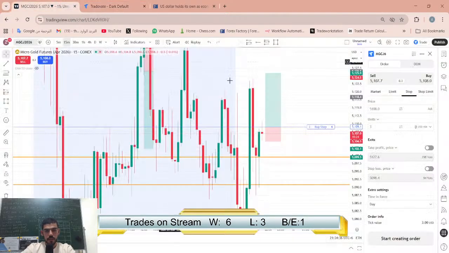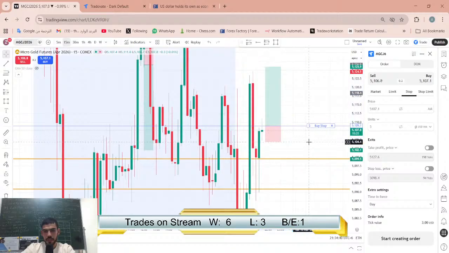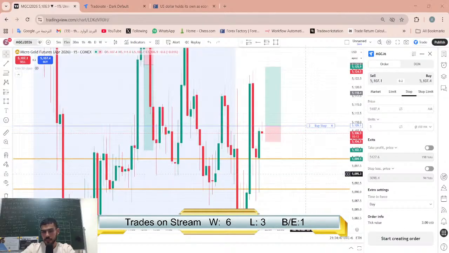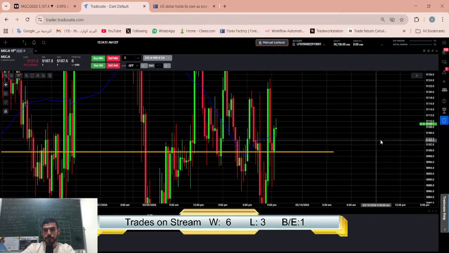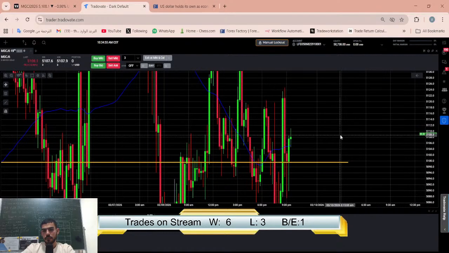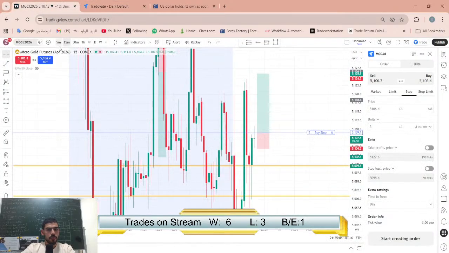Okay, it created a bottom wick now, and it looks like it's breaking the highs in the 5 minutes. It looks like it's re-breaking the highs. Okay, so this 5 minute candle closed.